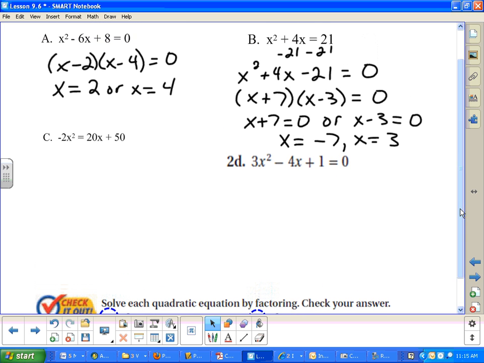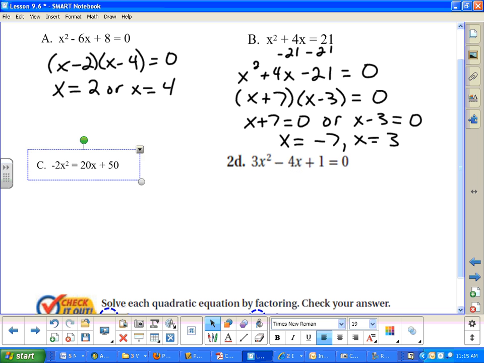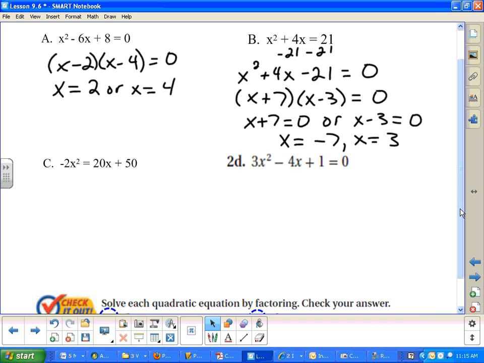Okay. Letter C here. Now for letter C, I only have one thing on the left side, don't I? And it just happens to be that thing that's squared. Now, if it was positive, I would probably leave it there and move the other two to the left side.